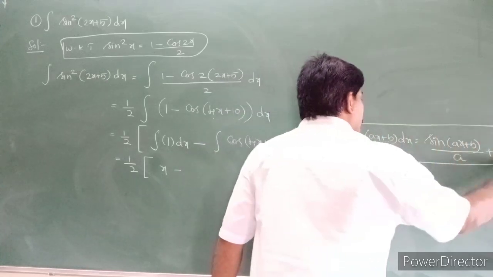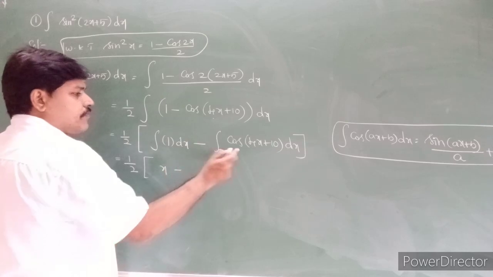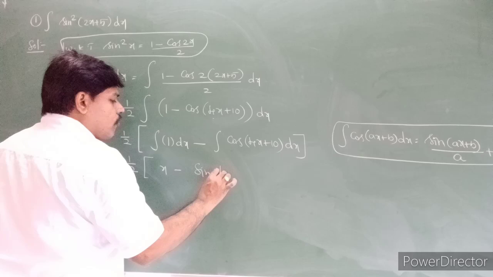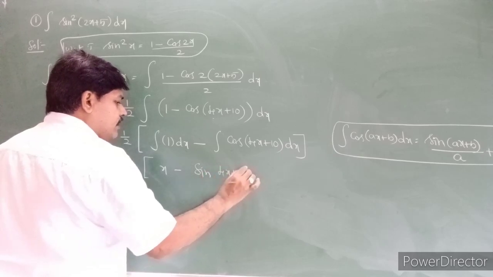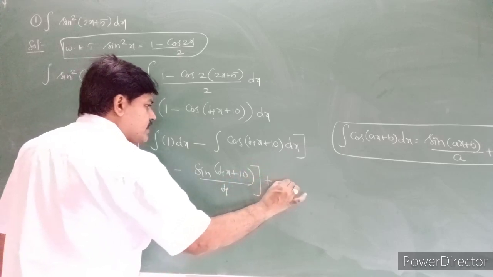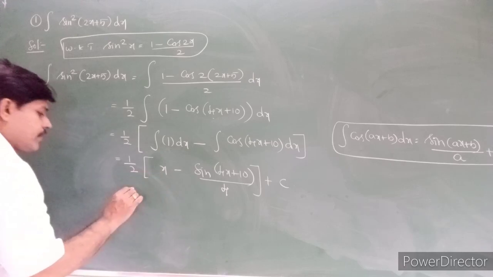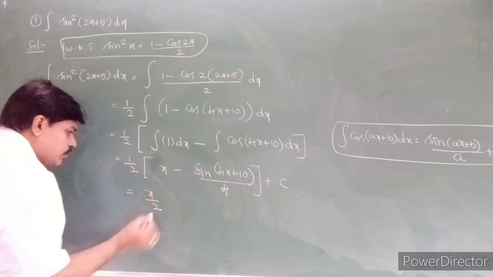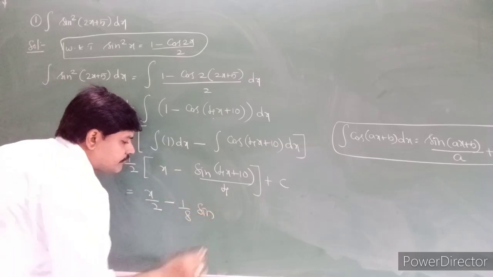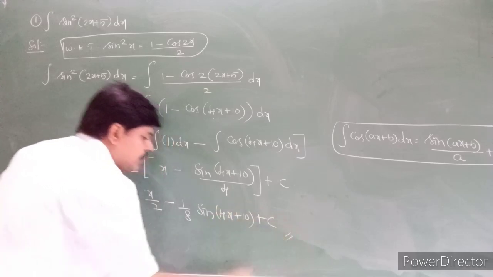If anyone has a doubt, we have to write the formulas a number of times. So that is equal to minus sine of 4x plus 10 by 4 plus c. Take this 1 by 2 inside, and that is x by 2 minus 1 by 8 into sine of 4x plus 10 plus c.